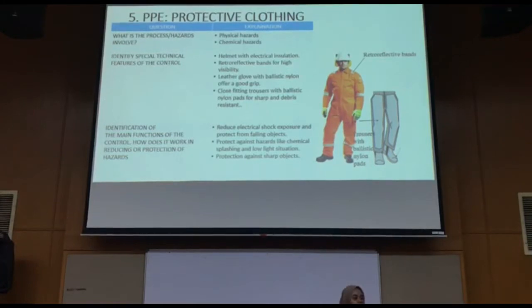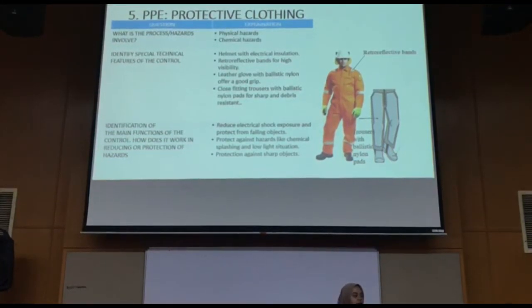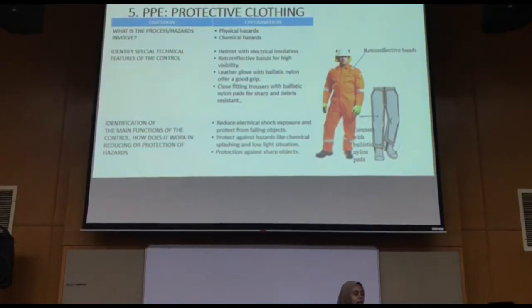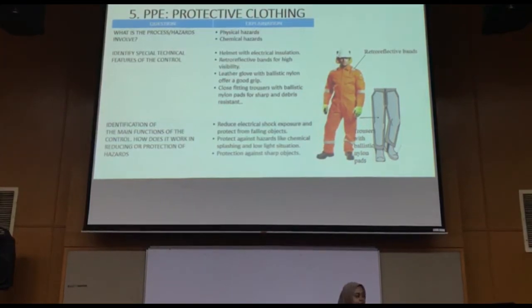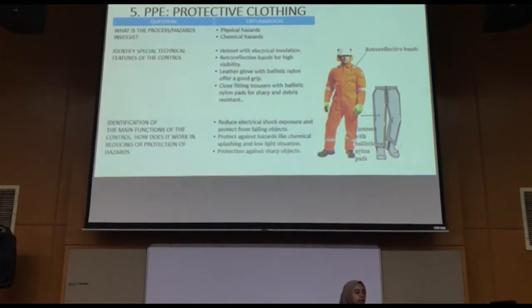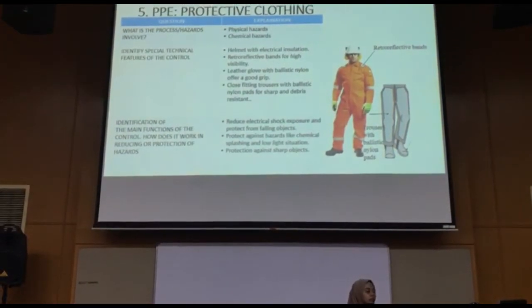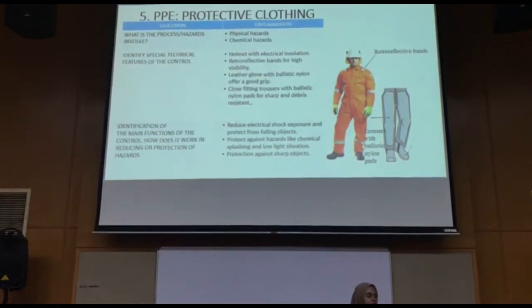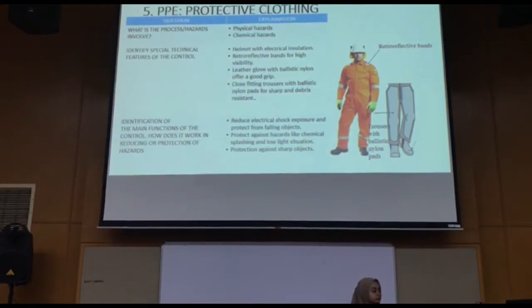The special technical features are, from the top, a helmet with electrical insulation, retroreflective bands on the clothes for high visibility, leather gloves with ballistic nylon that offer a good grip, and close-fitting trousers with ballistic nylon pads for sharp and debris resistance.